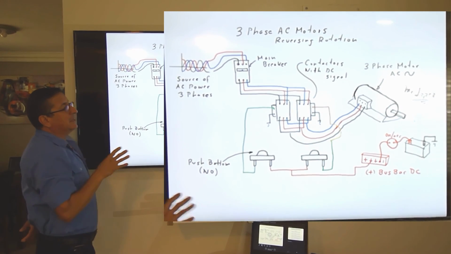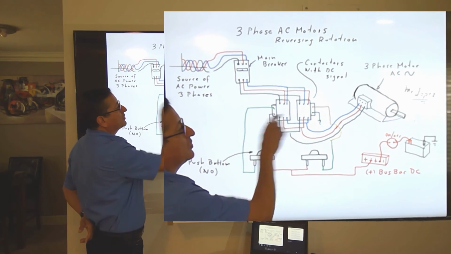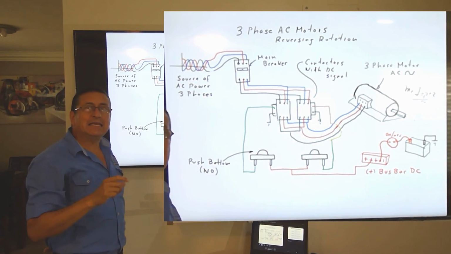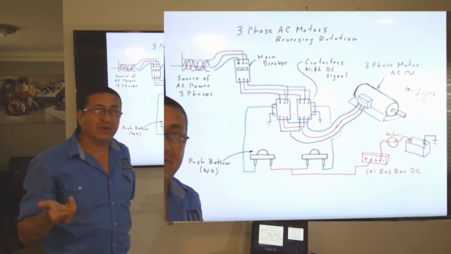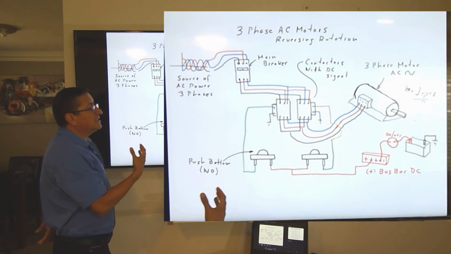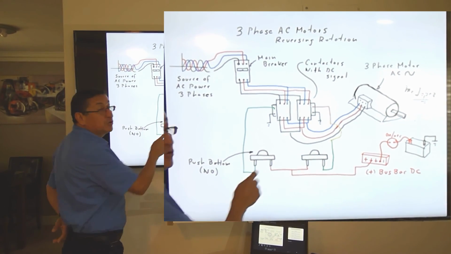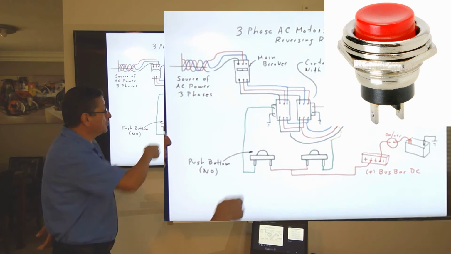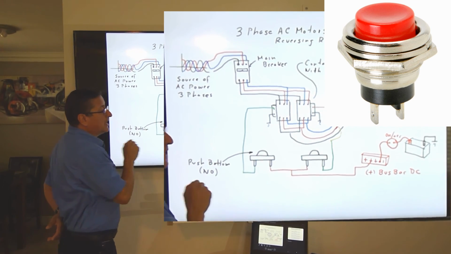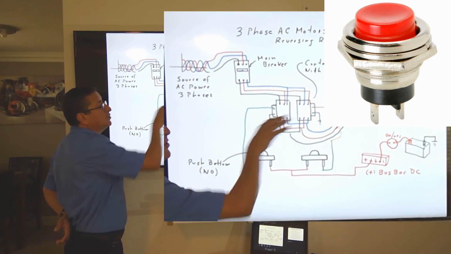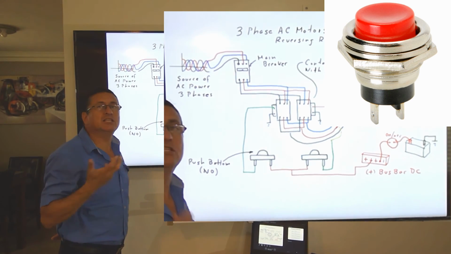And the signals. In this particular case, those contactors are DC remotely activated. The activation is DC. I have a couple of normally open push buttons, and I am going to activate those contactors with a DC signal.